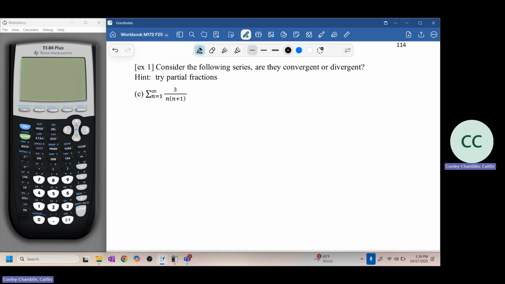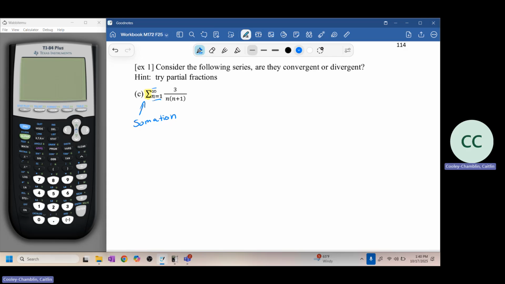Okay, so first of all, this piece right here is a summation symbol. And we have n equals 1 to infinity.